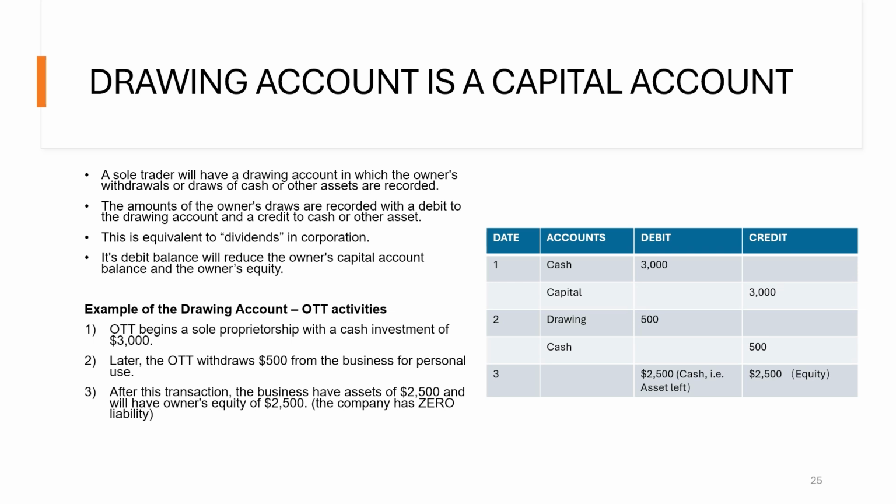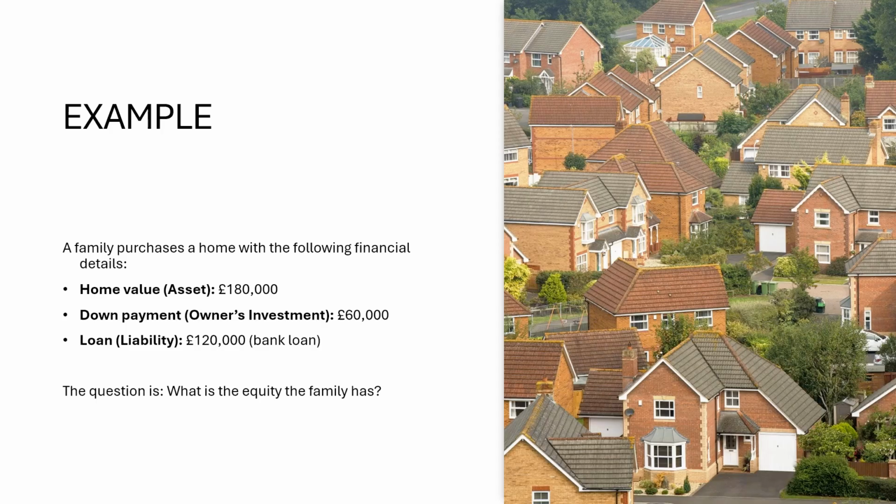The third activity is that the business has assets of $2,500 and will have owner's equity of $2,500 at the end of this financial term. That means the company has zero liability, in order to fit into the accounting equation principle.